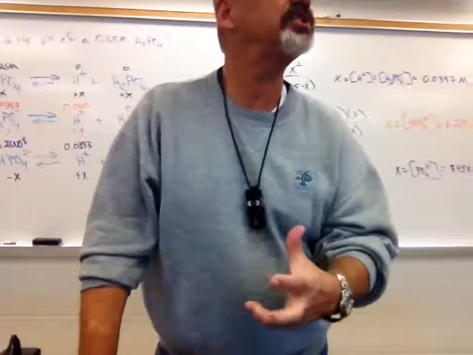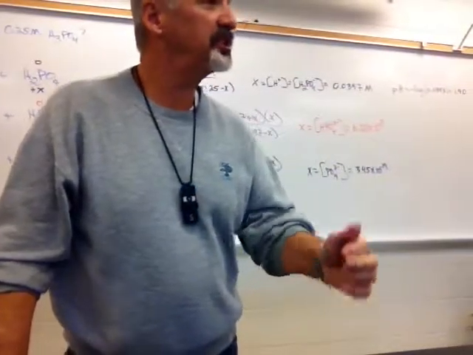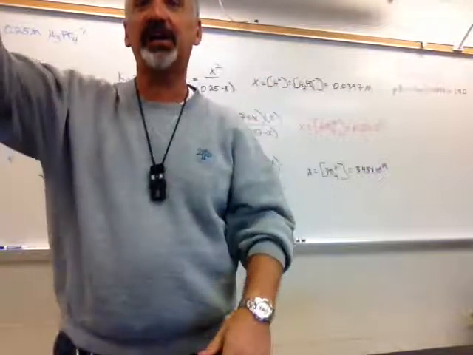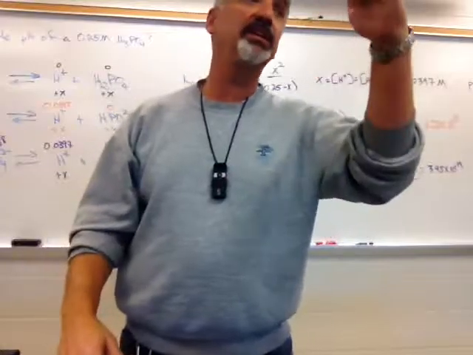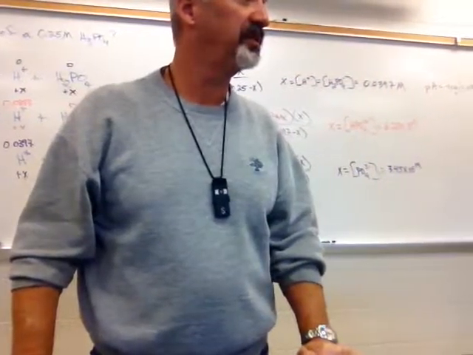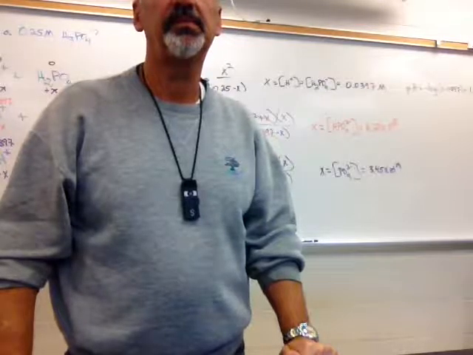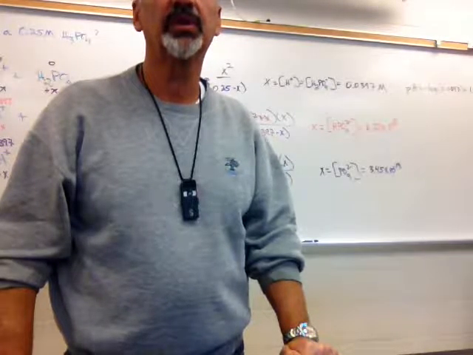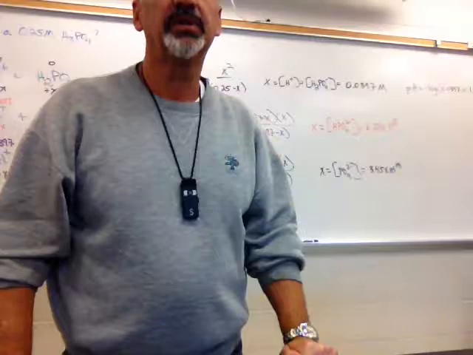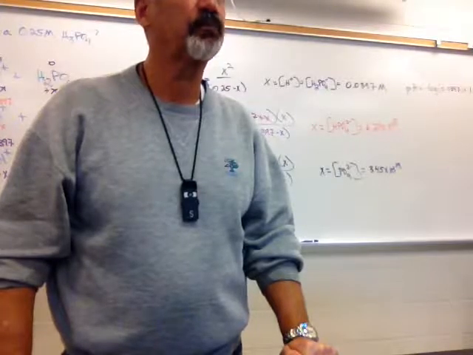But to find the concentration of the other species, whatever your final concentration of the first one is becomes the initial concentration of the second one. You just carry it through stepwise. So if the question was what is the pH of this, we just need to show the first step and then that's all.